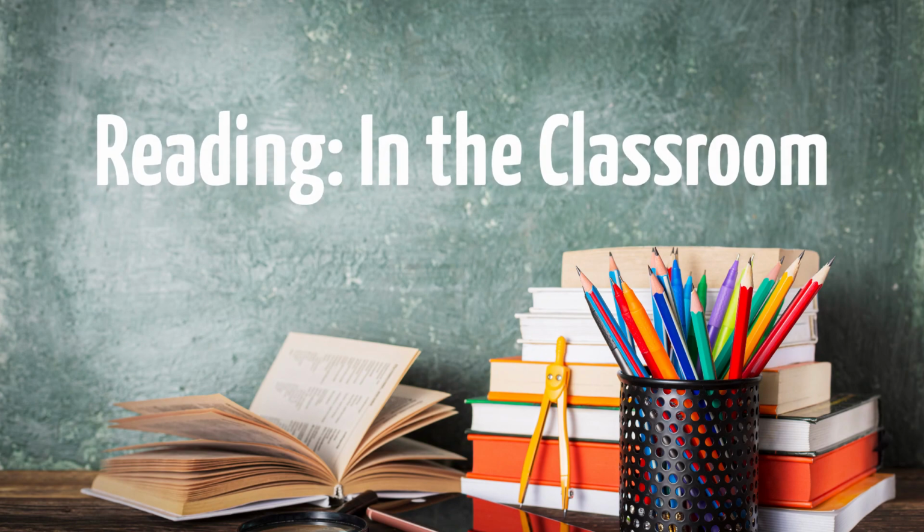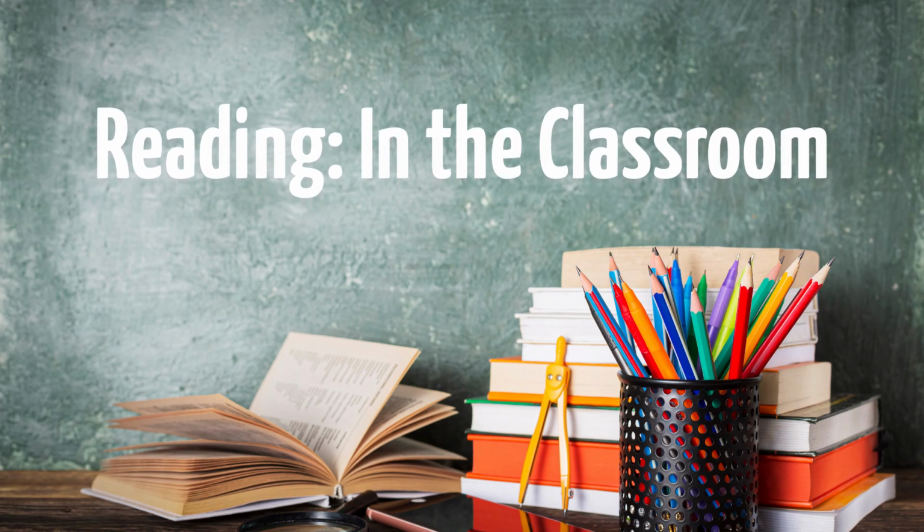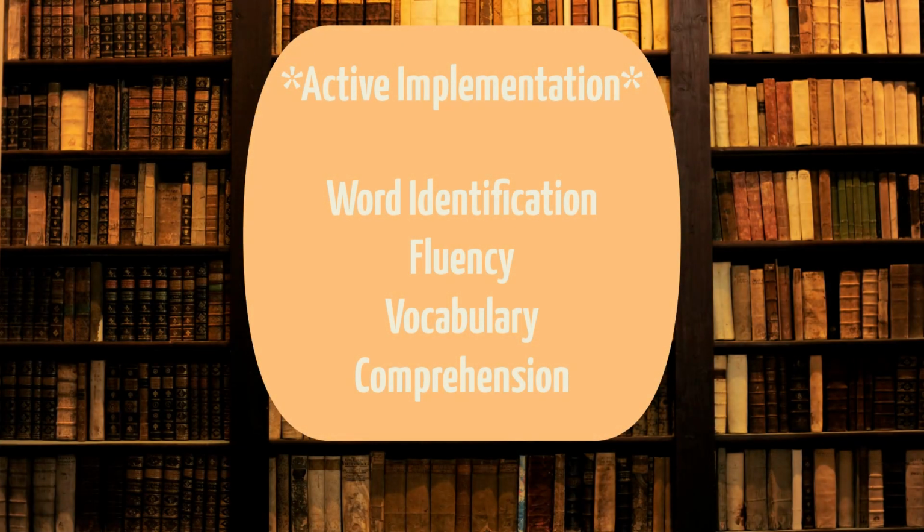Now that we've covered the reading process, it's important to consider ways that teachers can incorporate the process into their own classroom. Tompkins specifically points out that teachers must actively implement the stages of the reading process. It does not happen on its own, it must be planned and taught explicitly. There are 4 factors that should be the focus when teaching the reading process.